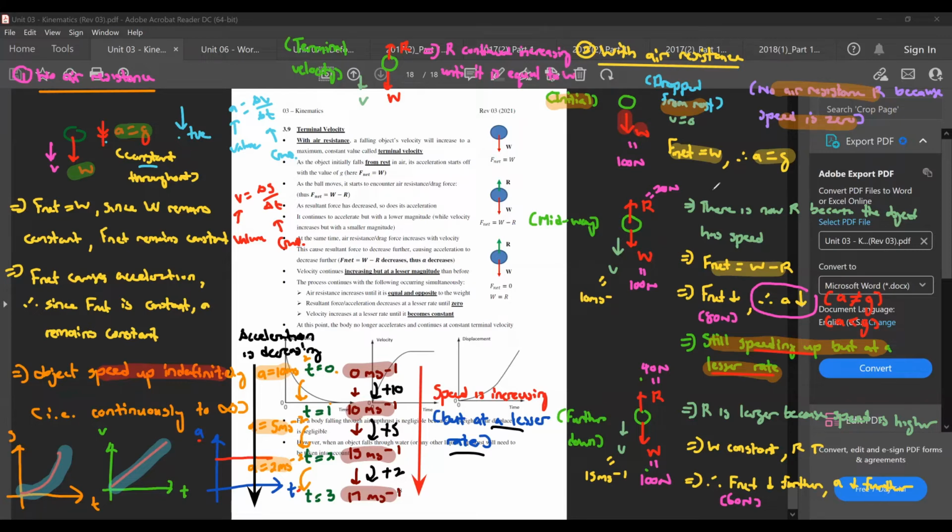So if just now it was mentioned to you that your weight was 100 Newton, your air resistance now increases up to 100 Newton too.